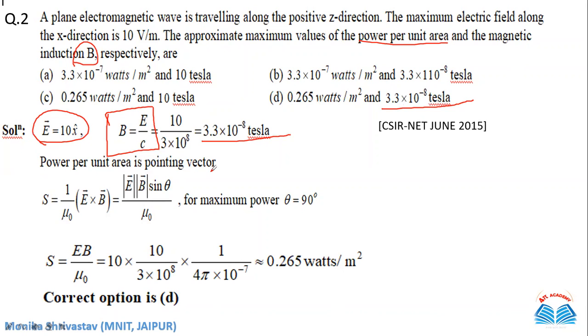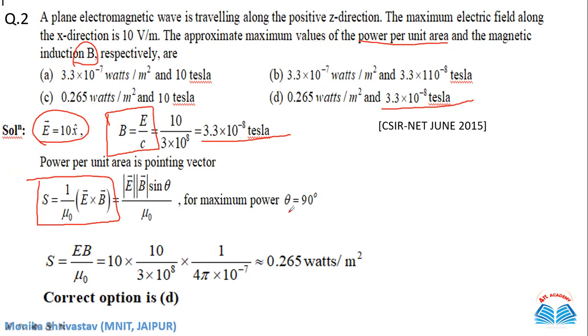Power per unit area is your Poynting vector, and the formula is S equals 1 upon mu naught E cross B. You know that amplitudes are given, so we will use the amplitude form: amplitude E, amplitude B, sin theta upon mu naught. Maximum power is asked in our question, maximum values.